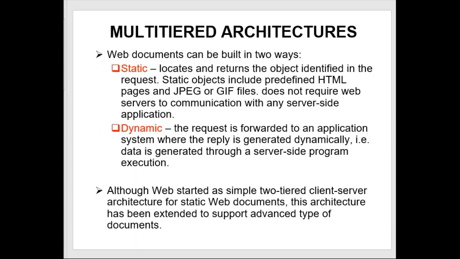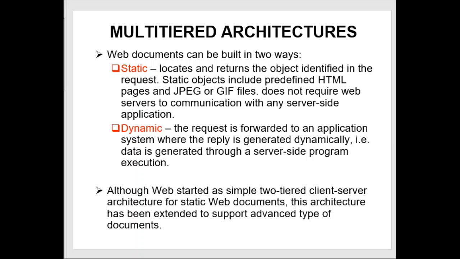The World Wide Web started out as a relatively simple two-tiered client-server system, previously shown in the traditional web-based system diagram. This simple architecture has been extended with numerous components to support the advanced types of documents we have just described, like PDF, GIF and JPEG.